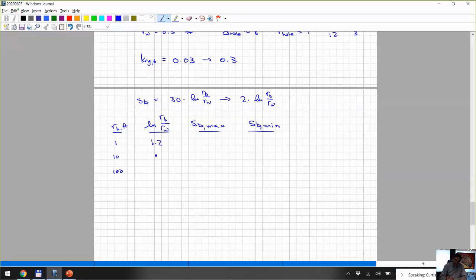Then it's 3.5. Then it's 5.8. So this max is going to be around 30 times those. 3.5 times 30 is 100, and 6 times 30 is 180. And for the other case, 6 times 2 is 12, 6 times 3 is 18.